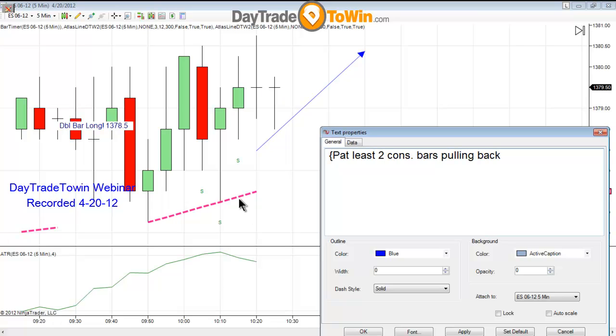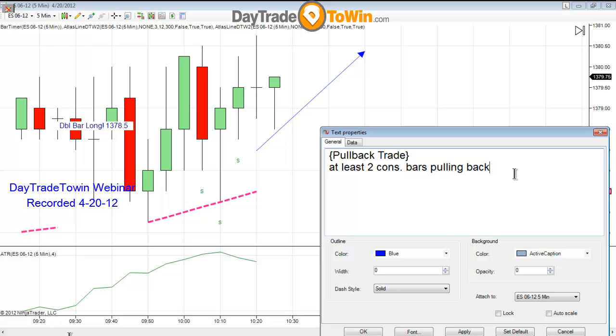So for a pullback trade, we have to have at least 2 candles pulling back. So now really what does that mean? Does that mean that we're looking at 2 red bars, 2 dojis? What does a pullback mean?